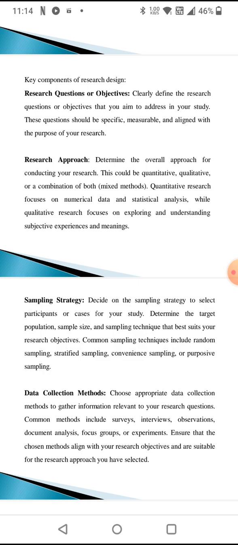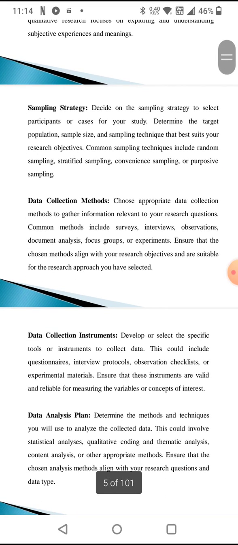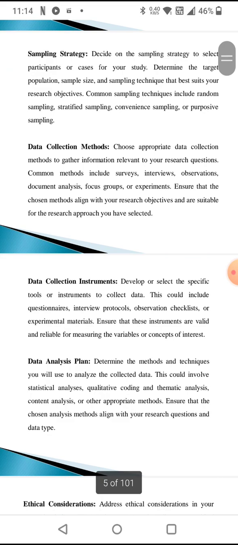It could include questionnaires or interview protocols, or observation checklists, or experimental methods or materials also. You have to ensure that these instruments are valid and reliable for measuring the variables or concepts of interest. So data collection instruments help with your data collection method.